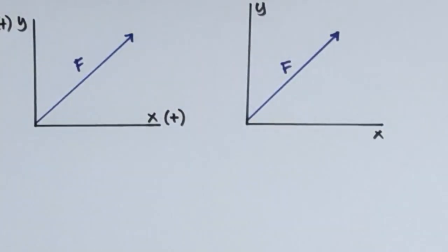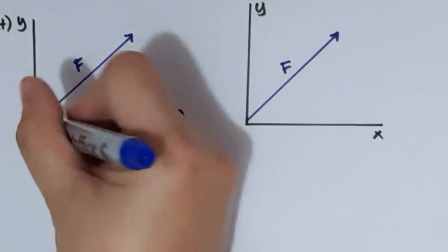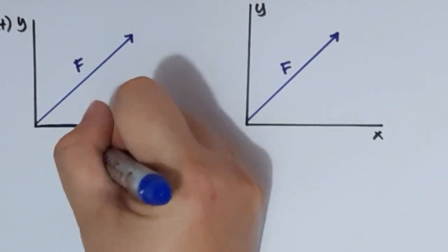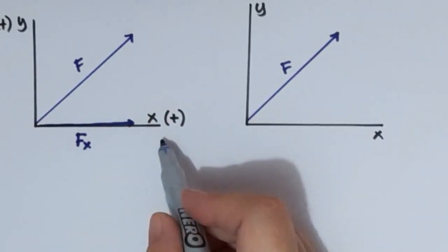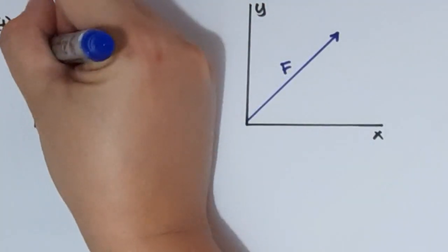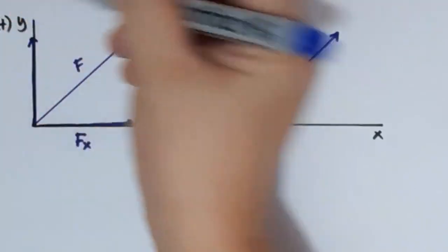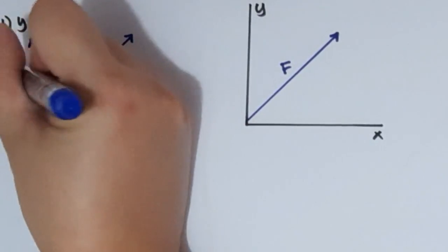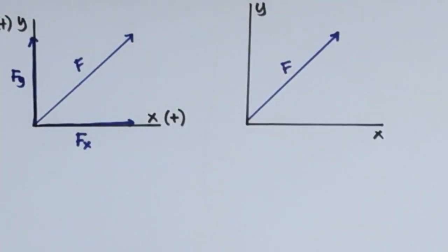So here, my Fx is positive because it's lying along x, so I will just put positive, while for here, the component of my force along y is also positive because it's lying along positive y, so I will just indicate it.